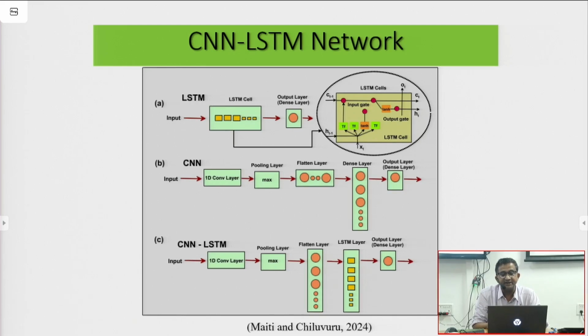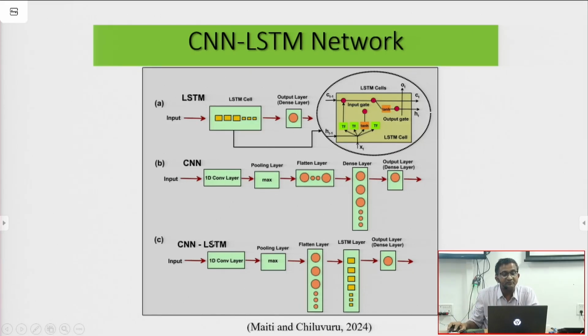That way the exploitation of this information is done layer by layer, and that will give you the advantage that our problems can be defined in a better way. So here you see this is your input, then the convolutional layer operation starts, there is pooling, there is a flattening layer, then again there is a dense layer. That is how the LSTM and the CNN are defined.